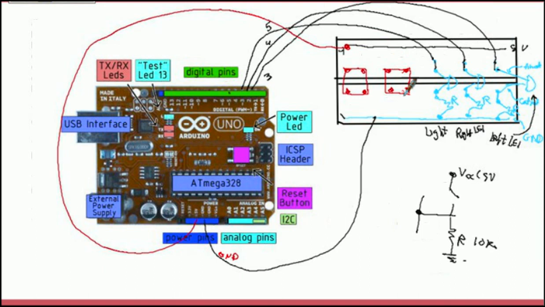Of course, we'll use 2 points on each switch, one switch in each of these two switches. One point has to go to VCC, one point has to go to the input pin, like pin 9, as we said, for example.